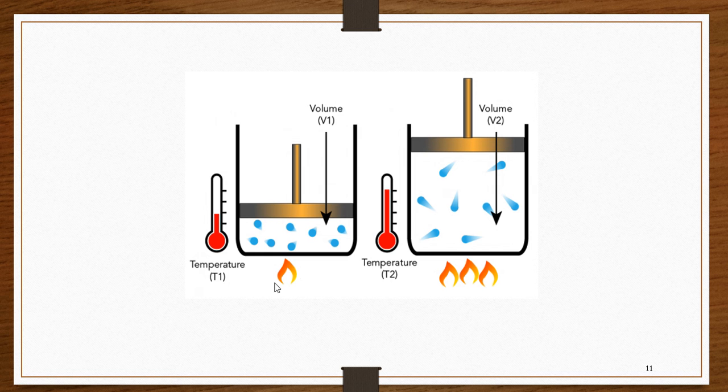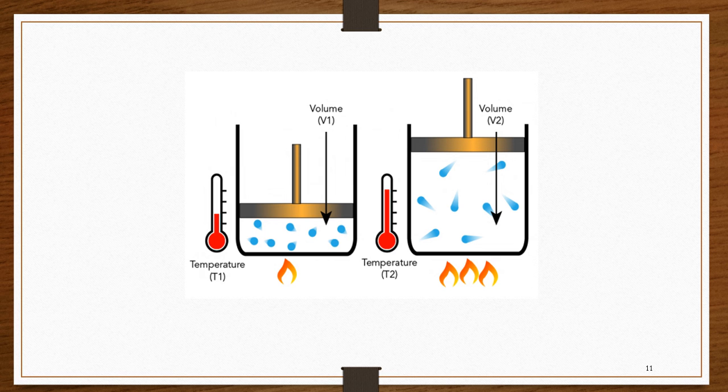But remember, at this particular temperature, if the volume decreases, the temperature of these given particles will also decrease. But when you increase the temperature, the volume of this fixed mass of a gas will also increase.